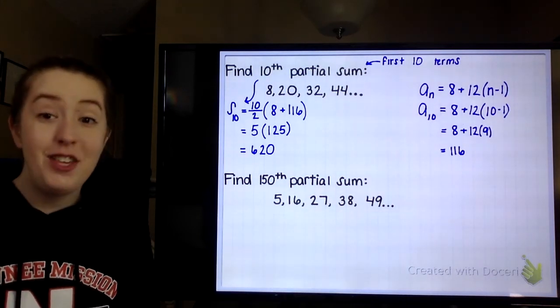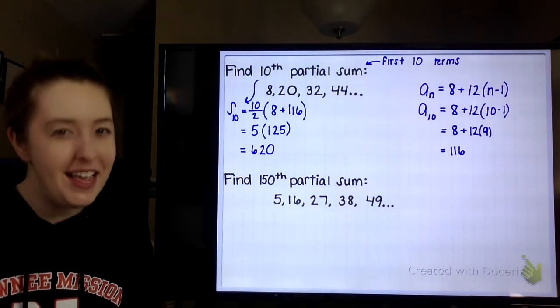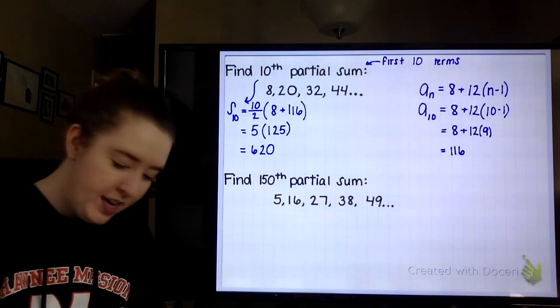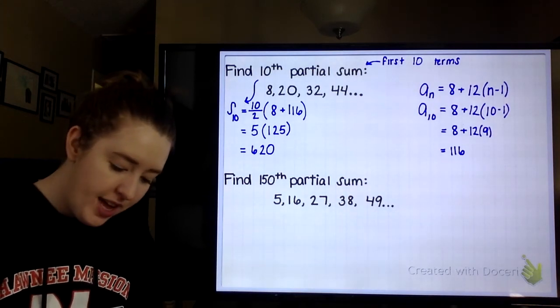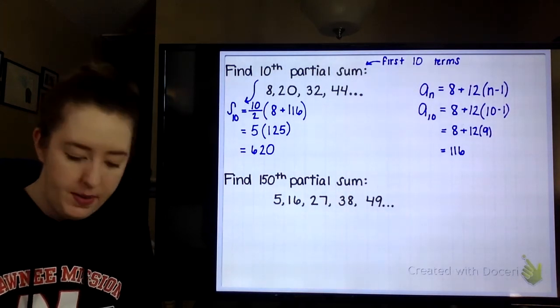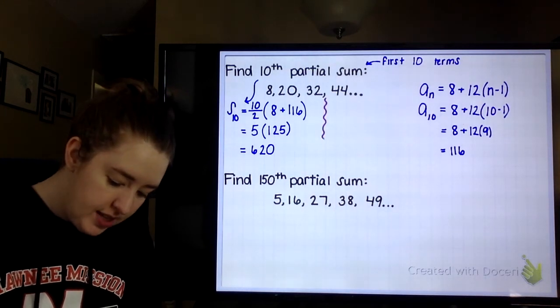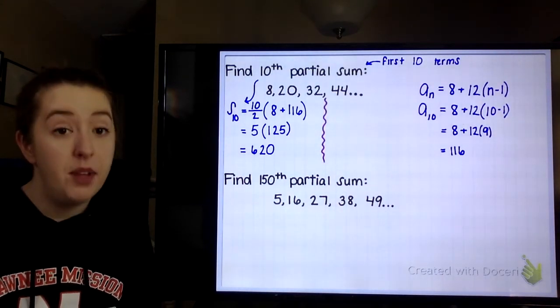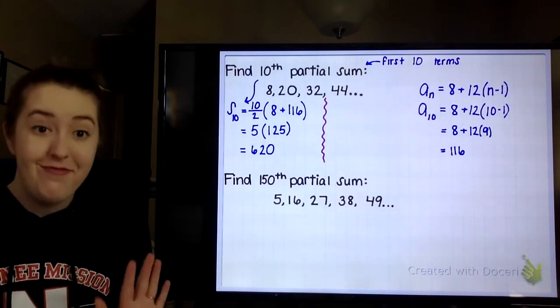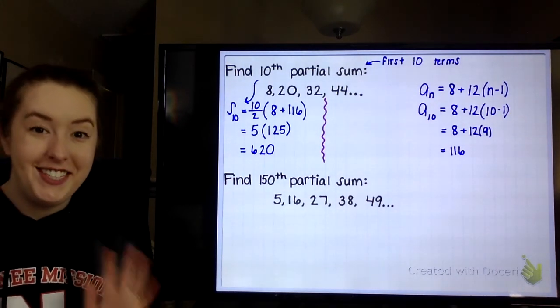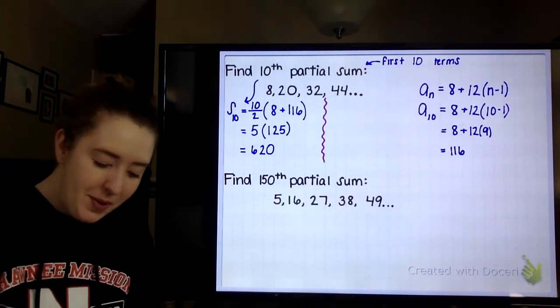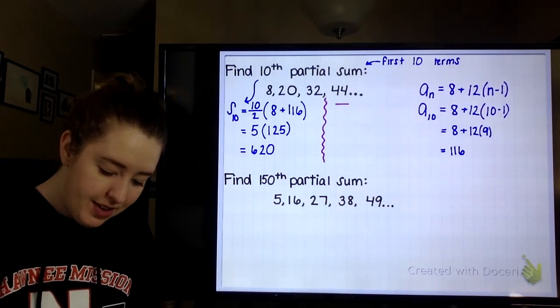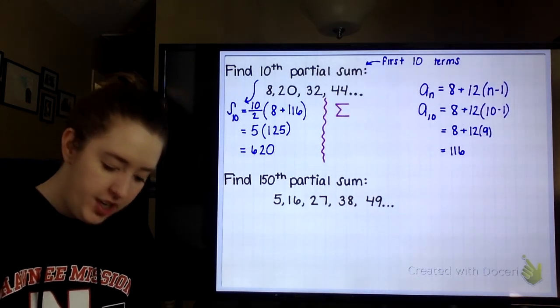Now, let's say that you had a calculator with you. Wouldn't that be nice? Maybe you do right now. Let's think of a different way to solve this problem. So these are two different ways to solve the same problem. Doesn't matter which one feels good to you, okay? Now, if you remember when we learned about series, we learned about summation notation.